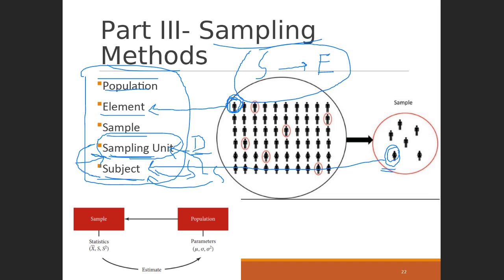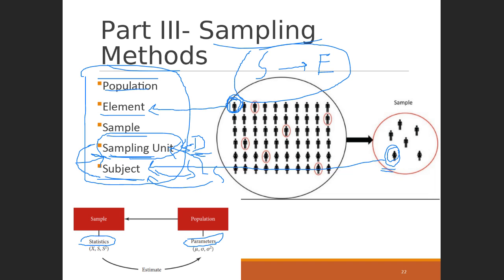In dyads, you have two subjects, but they make only a single sampling unit. I hope these examples make the difference between these two terms clear. Overall, our main focus is that the sample statistics are able to estimate population parameters. Statistics are the characteristics of the sample, and parameters are the characteristics of the population.